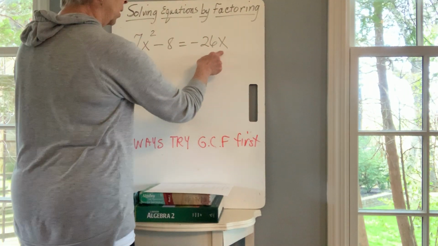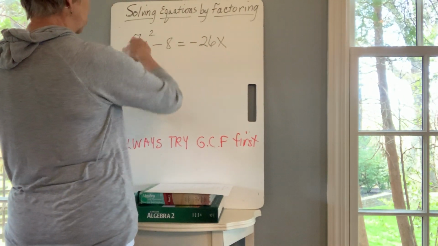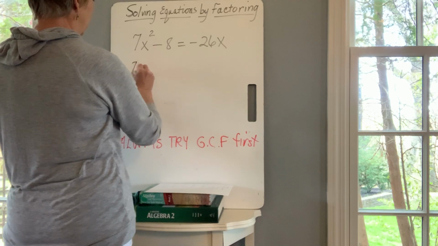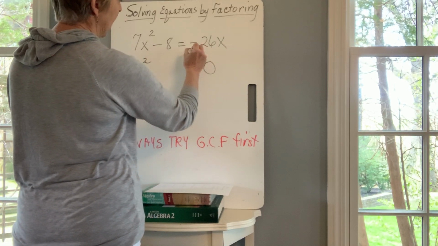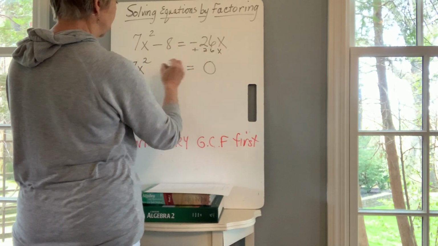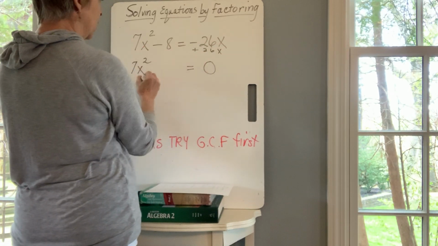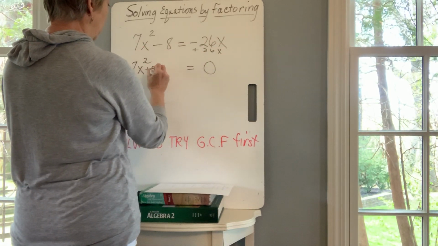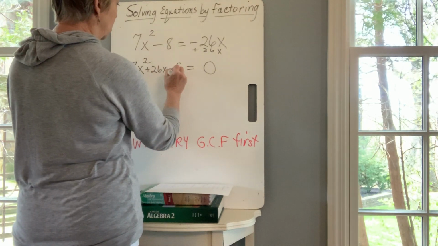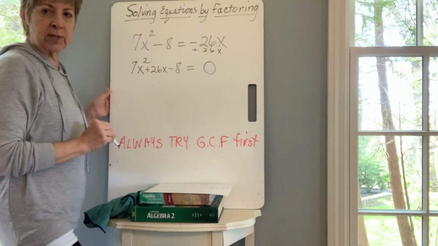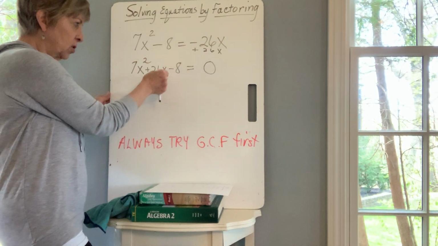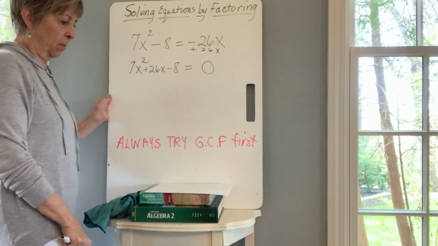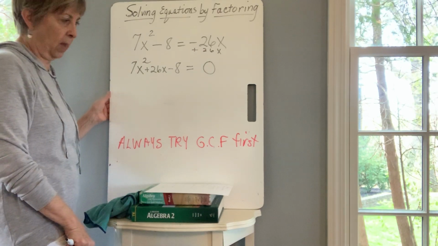So the first thing I'm going to do is move the 26x over to the other side. Now you remember, I'm actually adding 26x. When you put this over here, it's going to give you a trinomial. You want that to be in your middle term. When you're factoring a trinomial, you always want the square term, the x term, and then the constant, the number with no variable there. Okay?